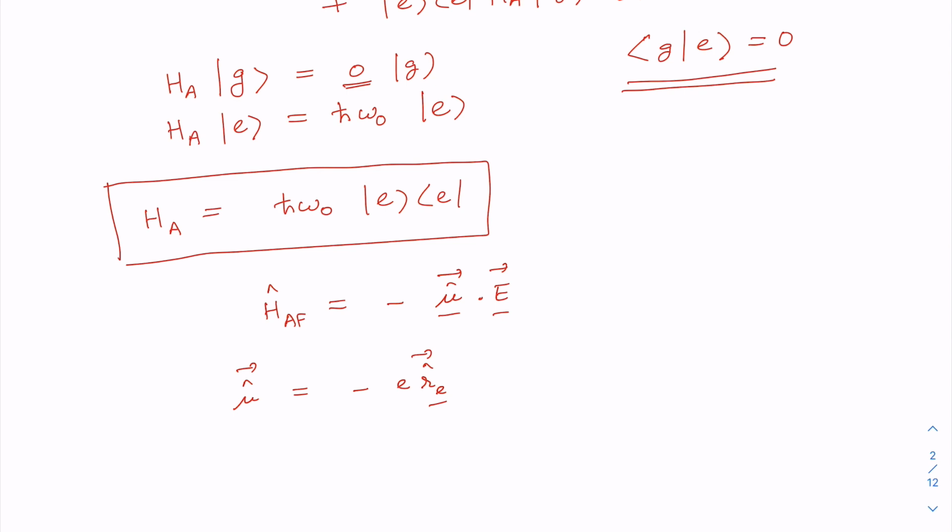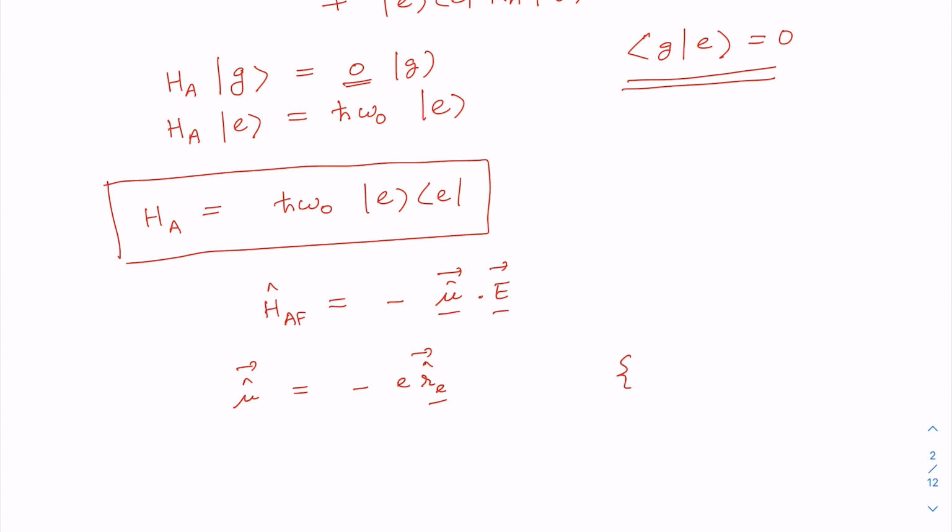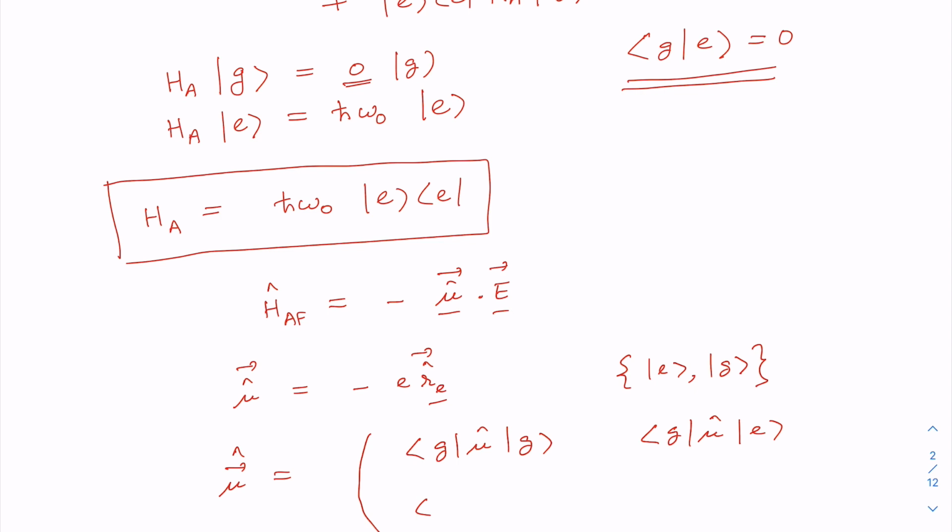We can express the dipole moment operator also in the basis states of ket e and ket z. This is our basis states, and it can be written in the matrix form as follows. Let me write it. We have the elements <z|mu|z>, then we have <z|mu|e>, <e|mu|z>, and <e|mu|e>.